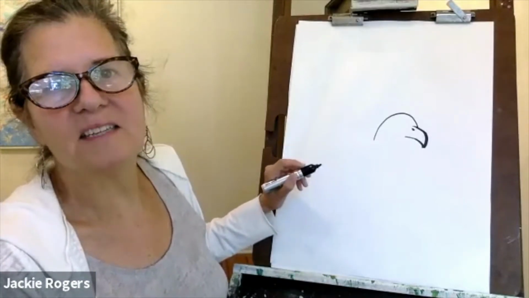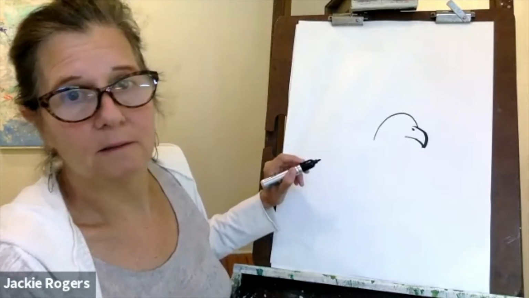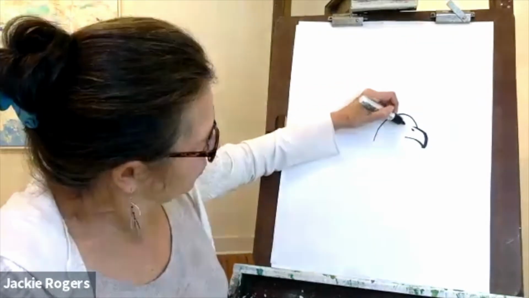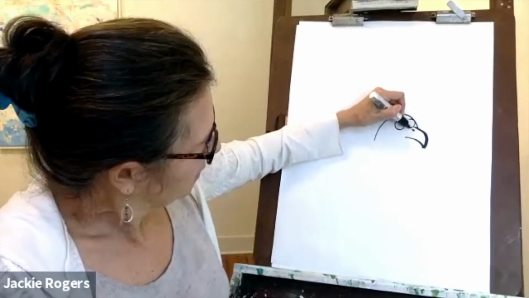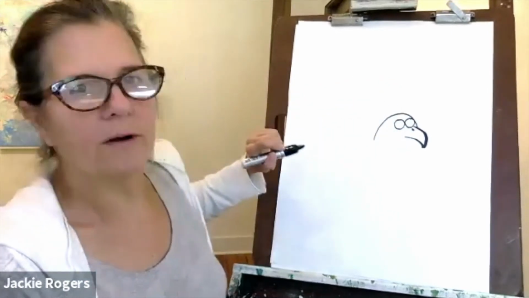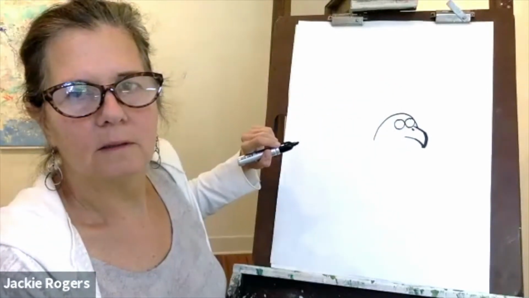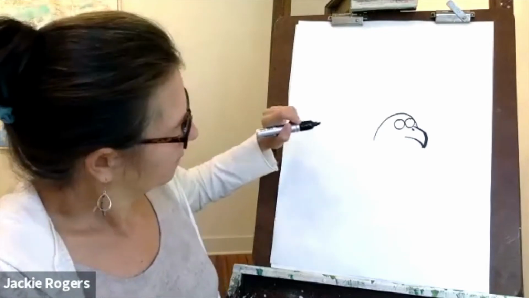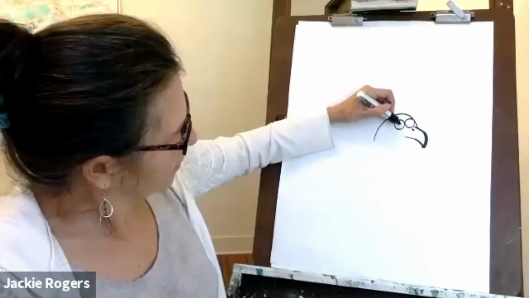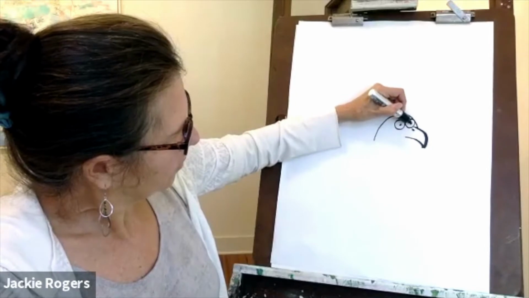But let's make zombie chicken eyes. You ready? I'm going to put two eyes really close to each other. And then they're going to be kind of crazy.